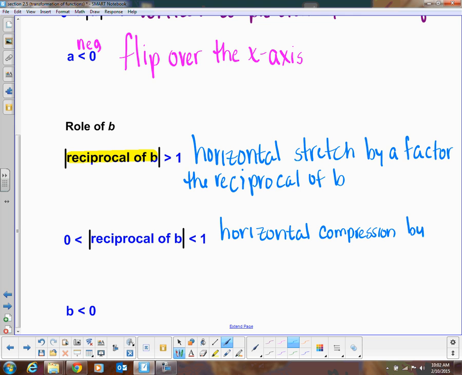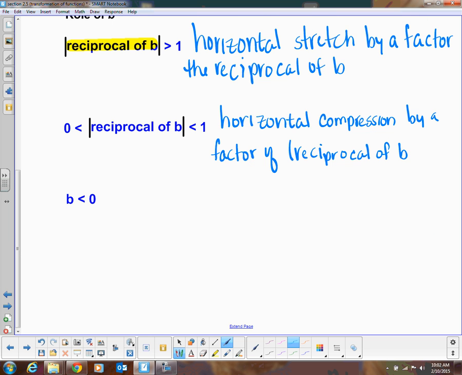Horizontal compression by a factor of the reciprocal of B. What does less than 0 mean? Negative. So when B is negative, then it is a y-axis reflection or flip. Reflection is a sophisticated word. Since you're in college algebra, we should use it.